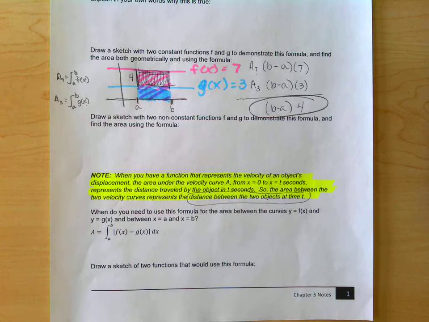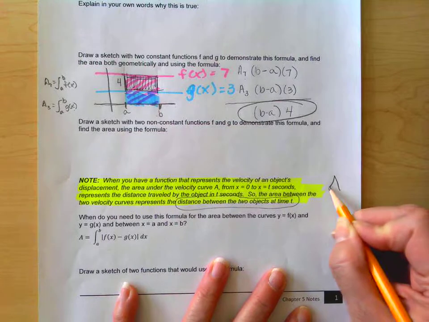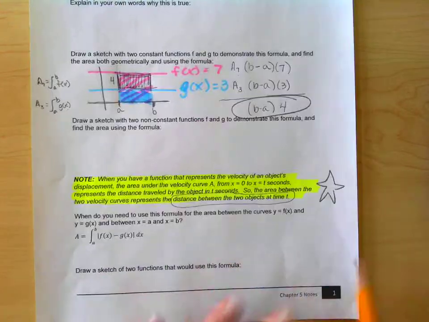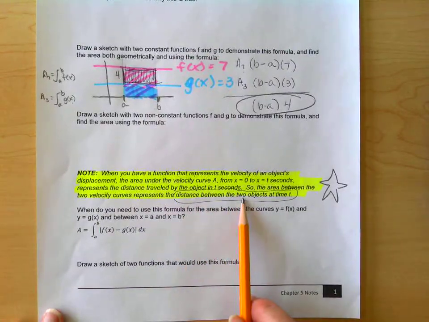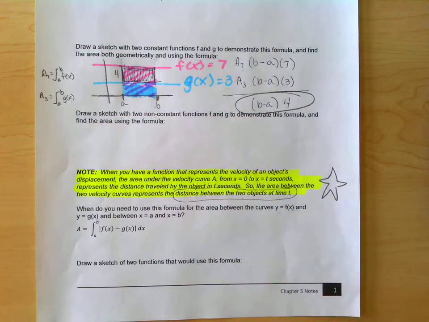So you see that we'll be able to transfer this process for finding the area of a region bounded by two curves to another application, the distance between two objects at a given time.